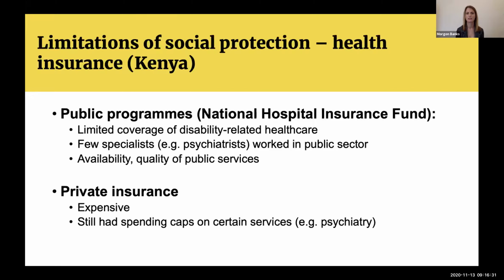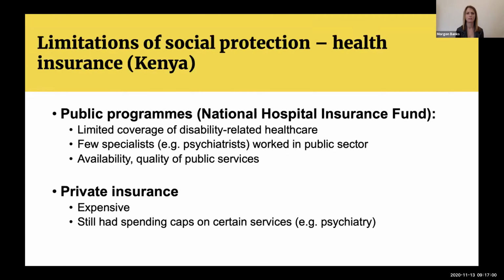There was limited coverage of rehabilitation, and mostly older-generation medications for psychosocial disabilities. And even when services were covered, there was an issue around availability and quality of those services. For example, some respondents pointed out that there were very few specialists that actually worked in the public sector, preferring to work instead in the higher paying private practice.